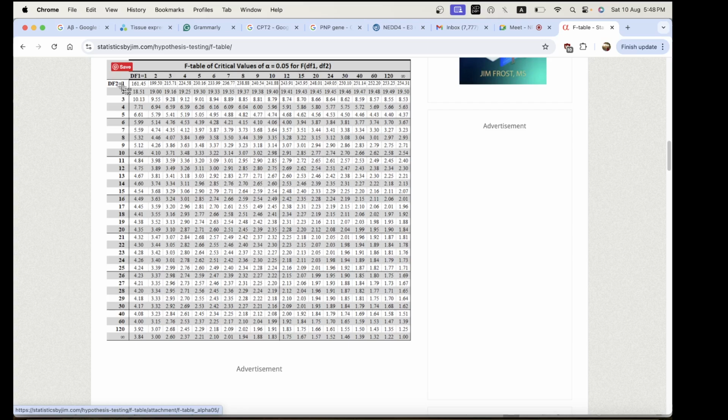Okay, so here is the F table critical value.